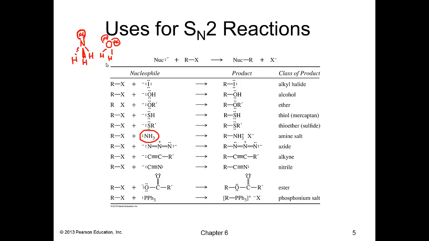Have you ever wondered why water is a bad or poor nucleophile compared to nitrogen? The reason is oxygen is a more electronegative atom than nitrogen. Therefore, the lone pairs of electrons will be very tightly attracted to oxygen.